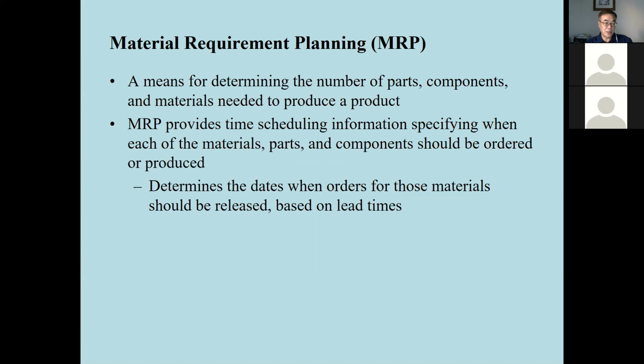So this is a kind of tool for production planning. The MRP system provides time scheduling of when and how many materials and parts to produce, and determines the date when orders for those materials should be released based on lead time.